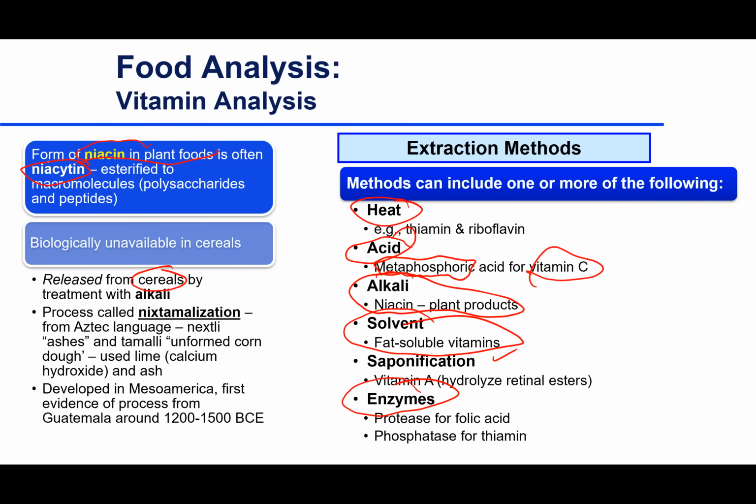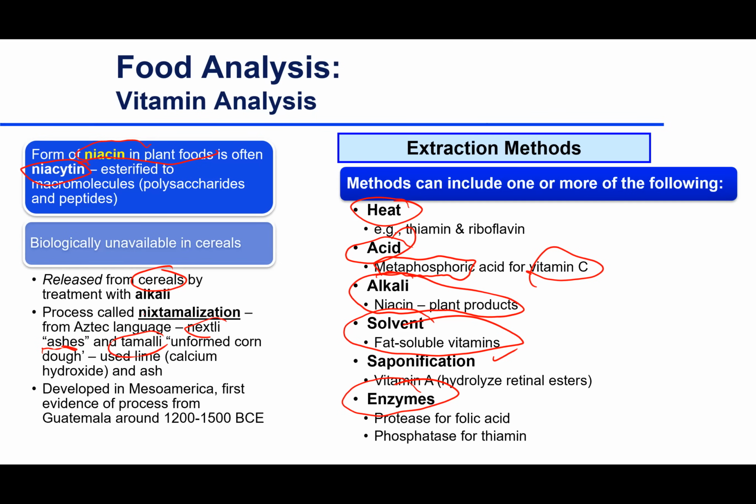So there is a process that was developed by indigenous people, initially in South America, and then it made its way north up as far as Mexico. And this is called nixtamalization. I assume that's not a word that any of you are familiar with, nixtamalization. So that comes from the Aztec language, nextli, which refers to ashes, and then tamale.